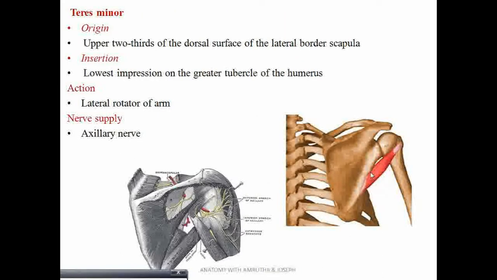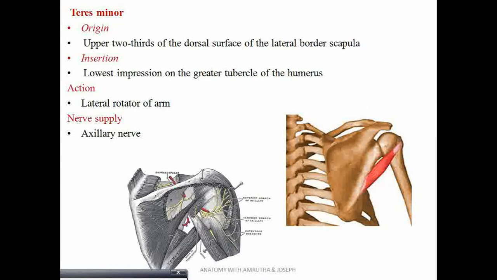Teres minor originates from the upper two-thirds of the dorsal surface of the lateral border of the scapula. So it is originating from the upper aspect. Insertion: lowest impression on the greater tubercle of the humerus. I said before that the greater tubercle has three impressions: upper, middle and lower.